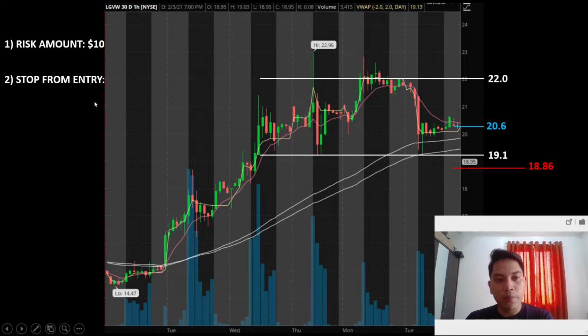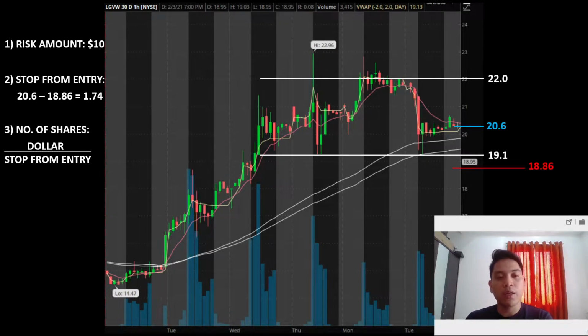So that's going to be stop from entry: 20.6 minus 18.86, 1.74. The number of shares is the dollar risk amount, 10, divided by 1.74, so that's 5.6. So we can buy here 5 or 6 shares of the stock.